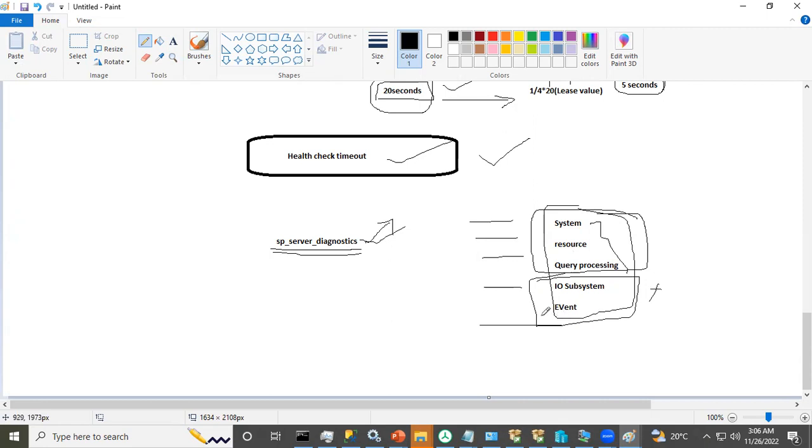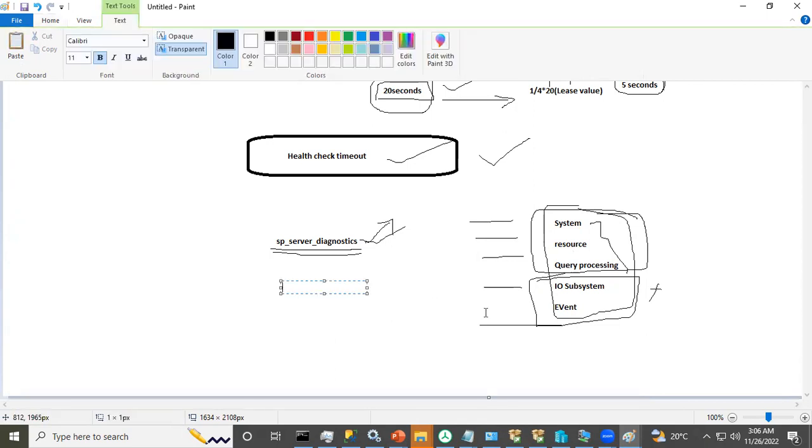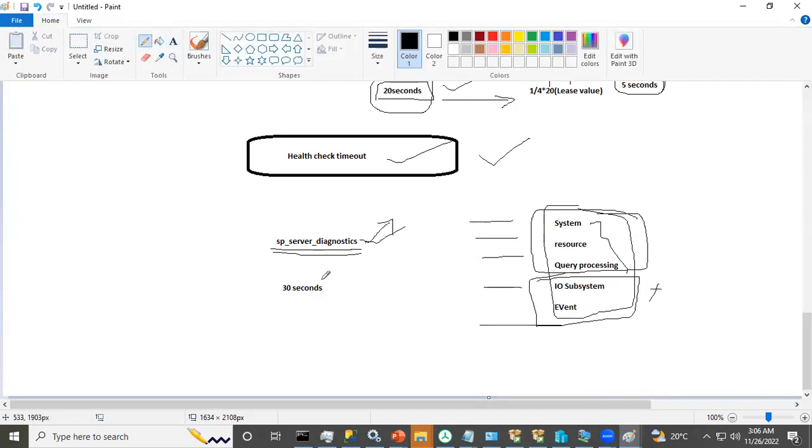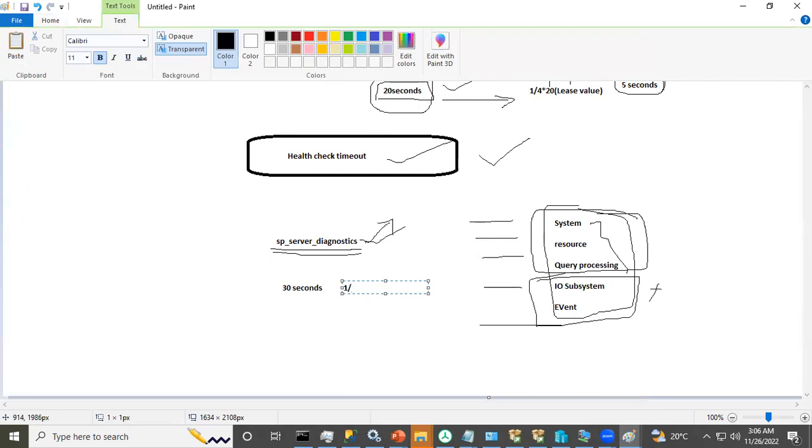It also has a time period of 30 seconds by default, and the validation happens at one third of the health check timeout.